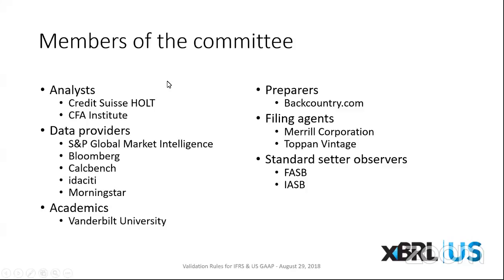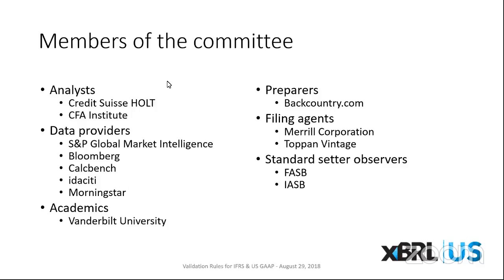On the next slide, we'll see the members of the committee. It really includes a diverse group of functions from the XBRL market. Having many functions has helped a lot with obtaining different perspectives on what we are producing and what we should be producing. The committee includes members of the analyst and data provider community. Under the data providers, our most recent addition is Morningstar.